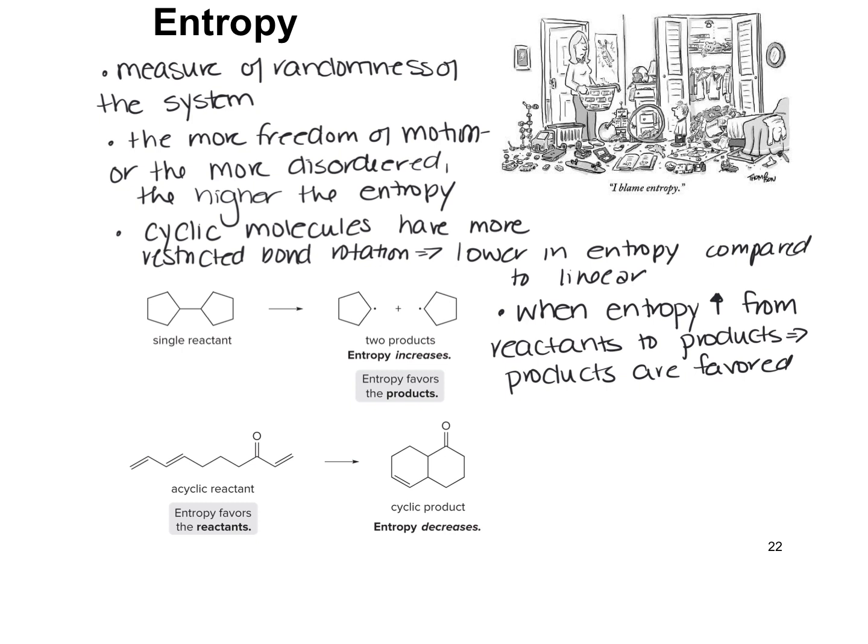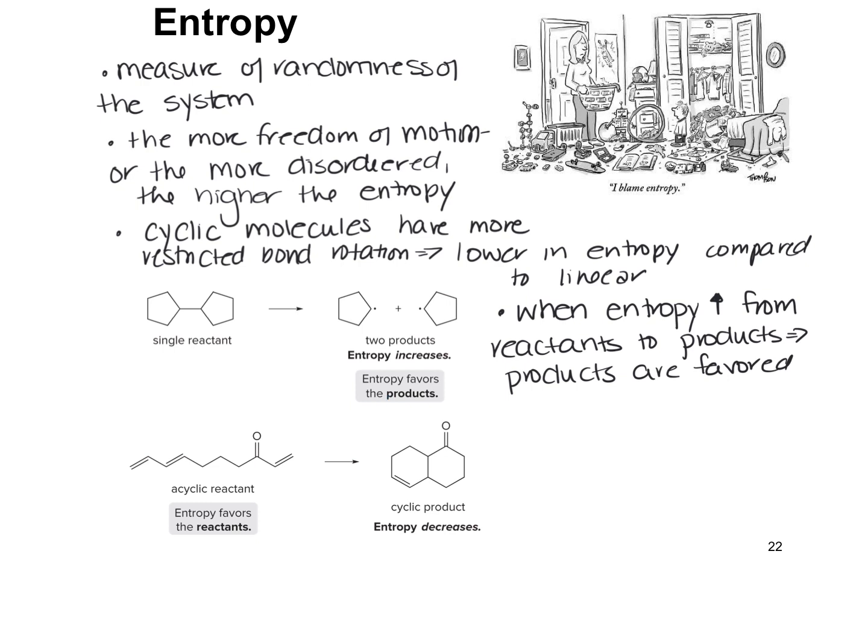And you can see an example of this here. We have a single reactant. Now we have two products. There's more motion here. There's more freedom of motion because you have two things instead of one. And so now the entropy increases and entropy favors the products here.